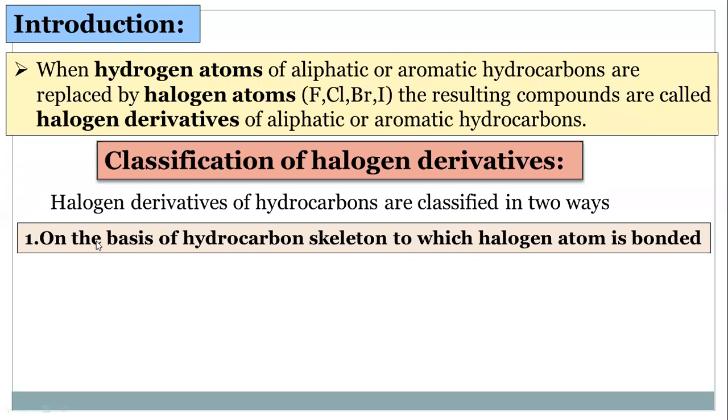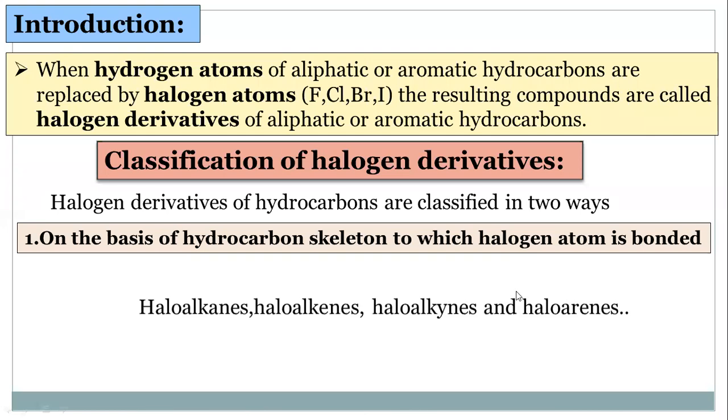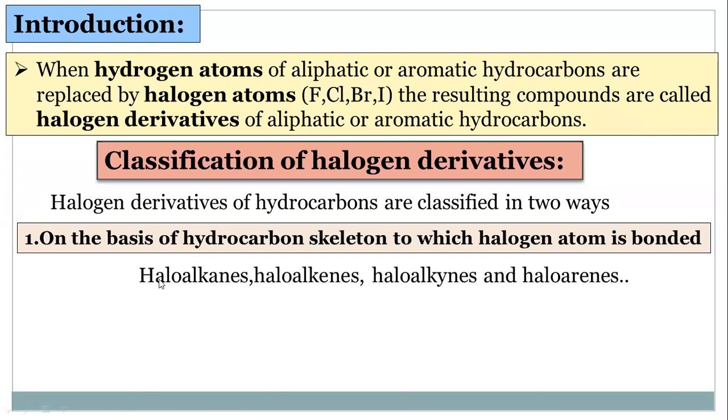So, on the basis of the hydrocarbon skeleton to which the halogen atom is bonded, if halogen is bonded to alkanes, it is called haloalkanes. If the halogen is bonded to alkenes, it is called haloalkenes. And if halogens are bonded to alkynes, it is called haloalkynes. And in case of haloarenes, if halogen is bonded to the aromatic system, these are called haloarenes.